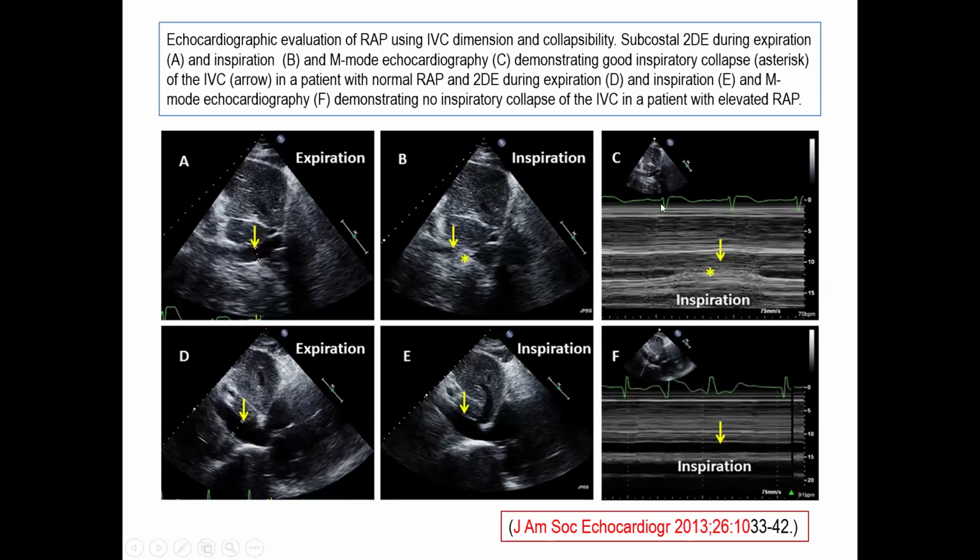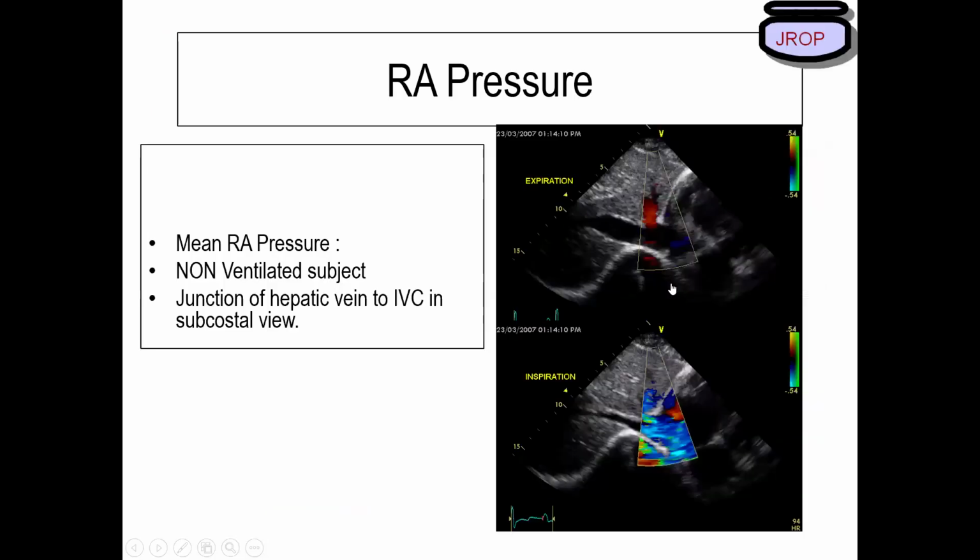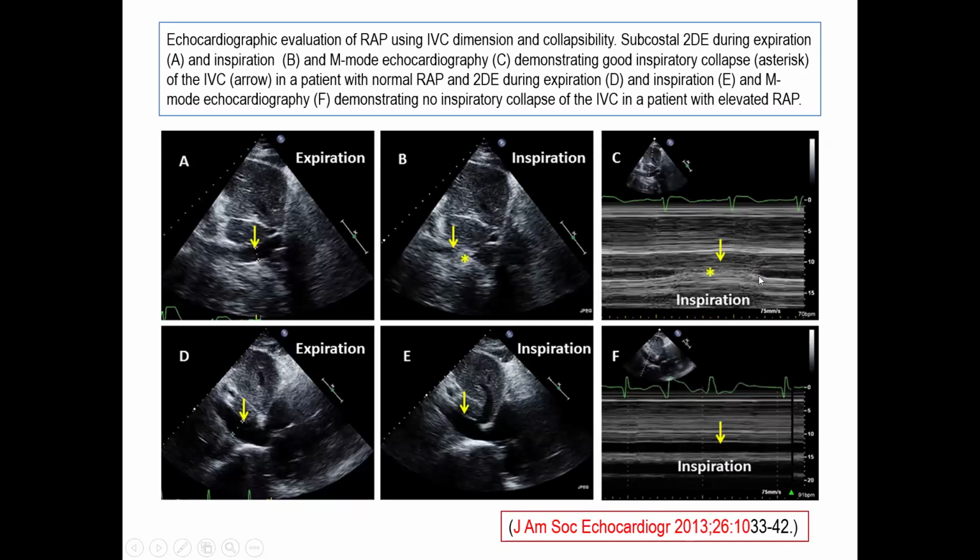Other people sometimes put an M-mode line across the hepatic vein to RA junction, just distal to it, starting from here. With this M-mode line, they understand this is my end expiration and this is with the inspiration.